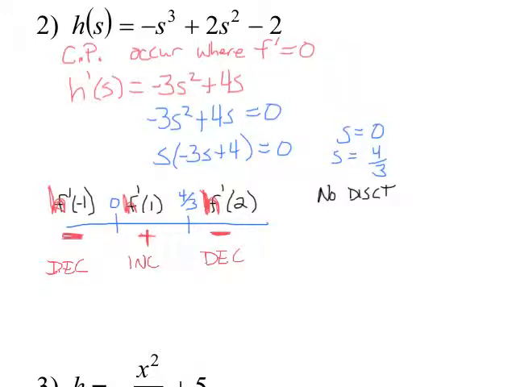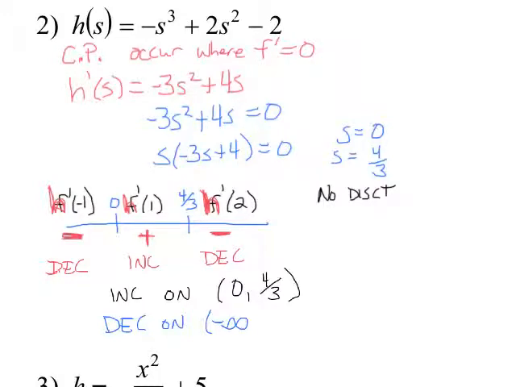So the conclusion that we draw in this problem is we are increasing on the interval 0 to 4/3, and we are decreasing on -infinity to 0 in union with 4/3 to +infinity. So there's our intervals of increasing and decreasing.